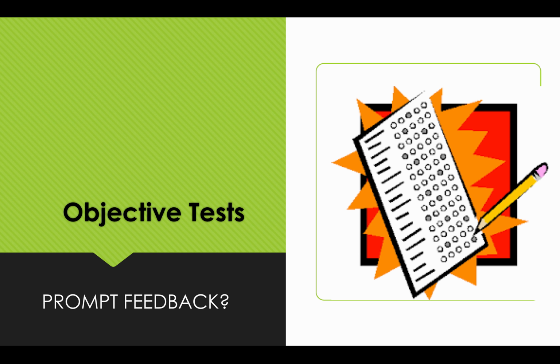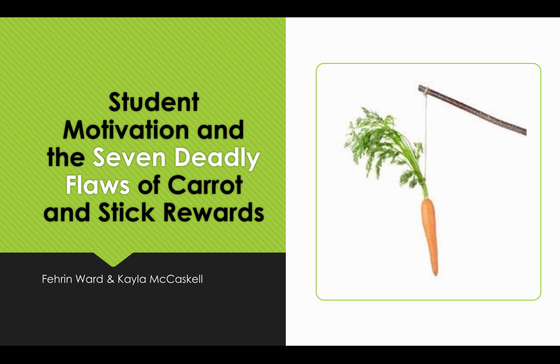However, with objective tests, it's more about what a person knew and the grade rather than feedback for learning. This is why there are flaws to the idea of using carrot and stick rewards to promote the type of behavior we want in our students, in our classrooms.